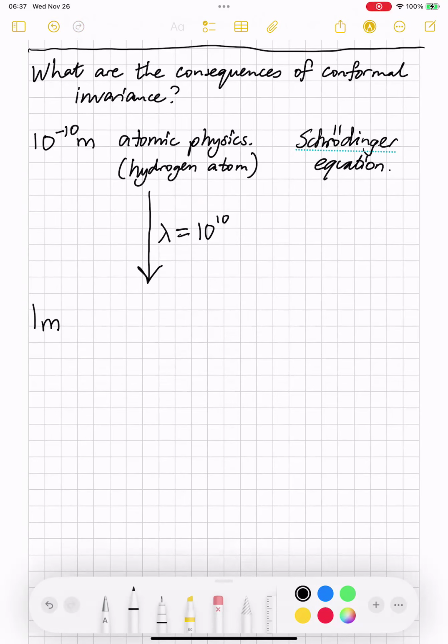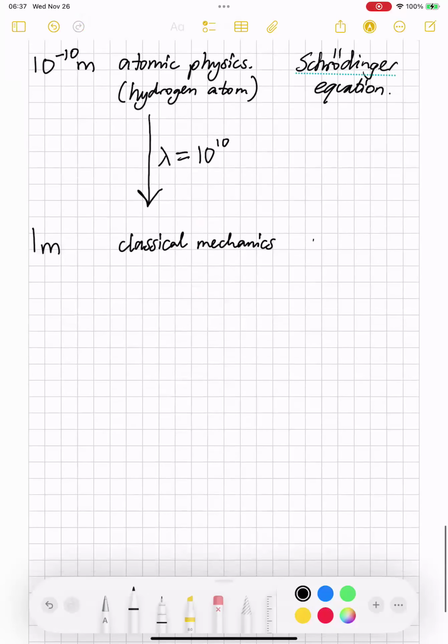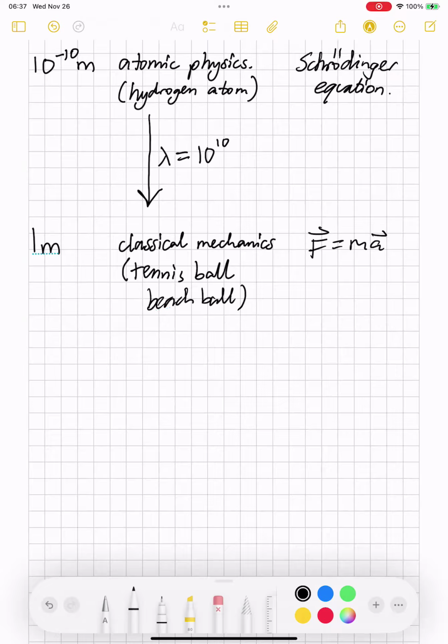And if you ask what physics are you talking about now, well, now you're talking about classical mechanics. What law would you use? Well, you'd use Newton's mechanics. So let me just write F is equal to ma. That would be the physics. What's an object that you could be studying? Well, maybe you're studying a tennis ball, or maybe you're studying a beach ball, something like that.